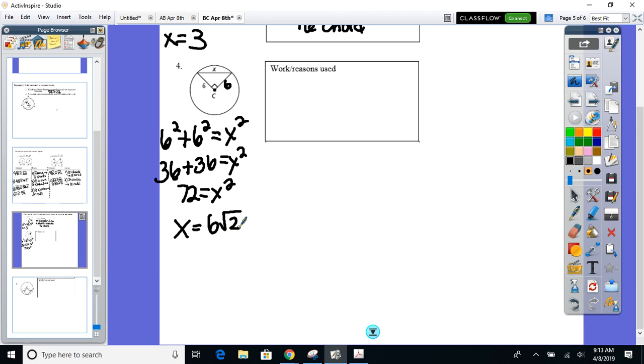All right, real quickly here, this is going to be a new reason we're going to write down. How did I know that other radii was 6? Okay, I like that, but that's not true. Ready? In a circle, all radii are congruent.